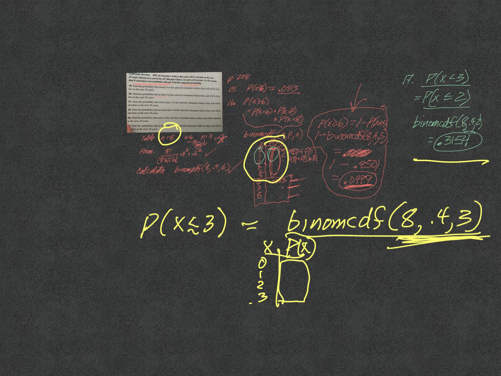Okay. I want to look at problem 30 as well, which is on page 229. And in this one, they have a group of n equals 16 couples.